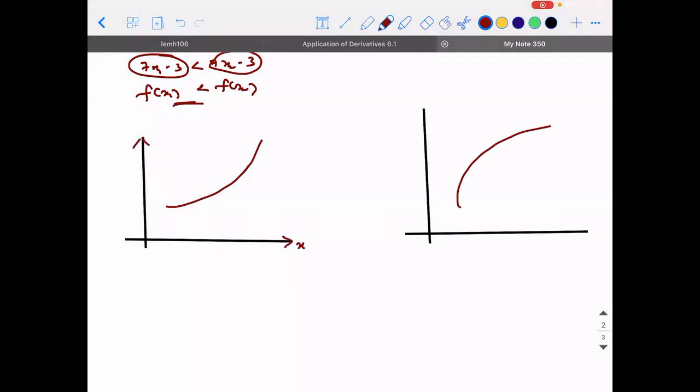Tell me what is the nature of the functions in both the cases. Tell me what is the nature of function, guys.